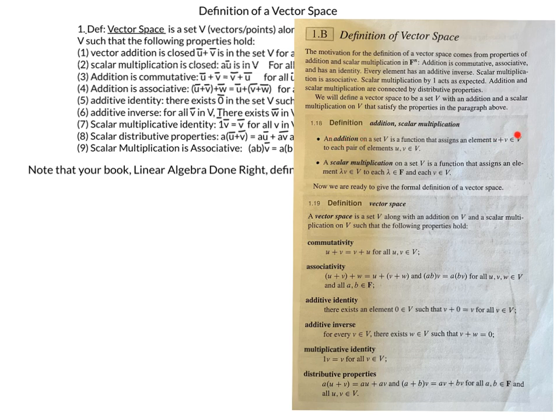You have to be closed. So it assigns an element u plus v in V for each pair of elements u, v in V. And over here for scalar multiplication, when you have lambda times v, it says you still have to be in your vector space. So closure is inherent in the definition of the addition and scalar multiplication operations.